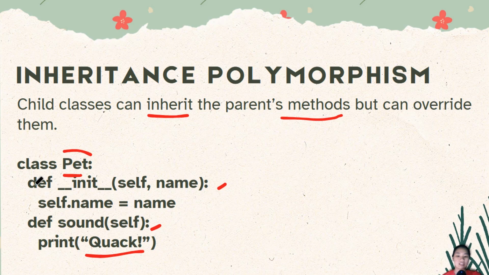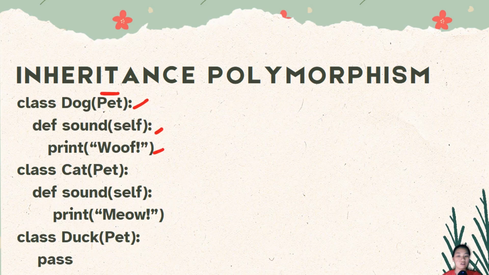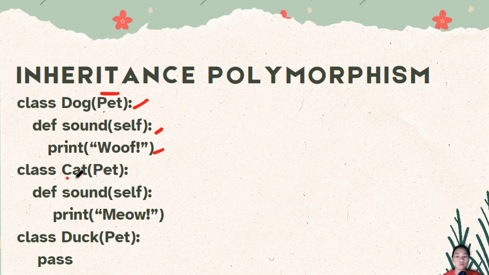However, the init function does apply. That's what lets the dog class behave normally. The same can be said for cat, with the pet parent inheritance, and the sound function overrides pet's sound function. So for cat, we'll have meow instead of quack. However, duck is different.